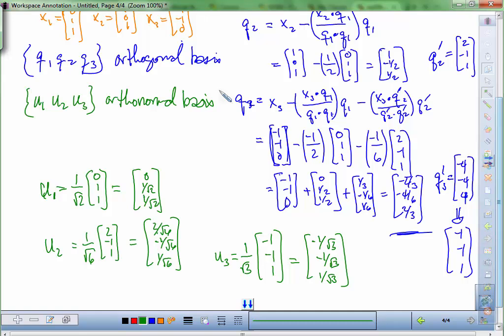Right? It's orthogonal and it has unit length. Good?